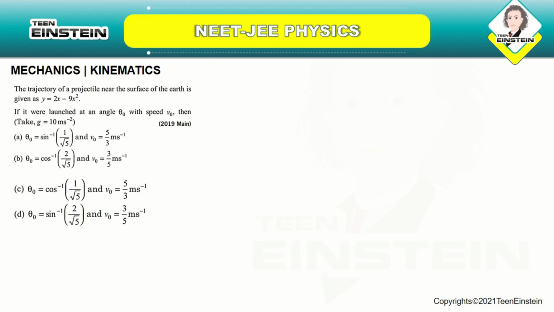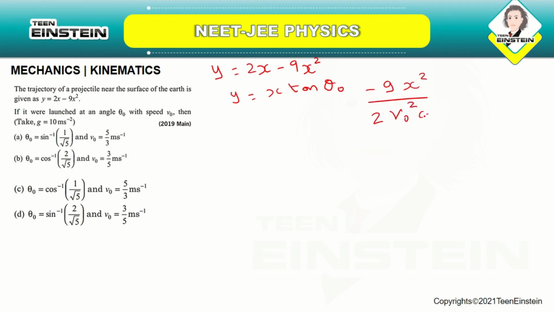Okay. So the equation of the trajectory of the projectile is given by y is equal to 2x minus 9x square. In projectile motion, the equation of trajectory is given by y is equal to x tan theta naught minus g x square by 2 v naught square cos square theta naught.